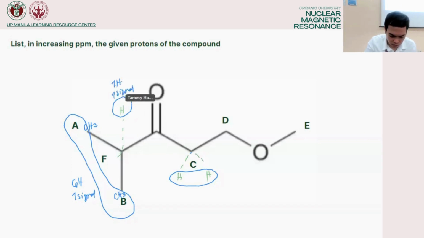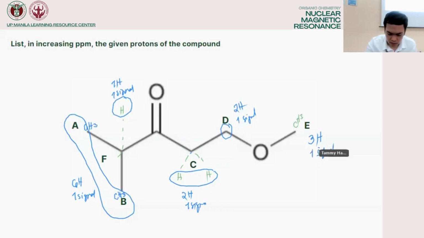O ito, 2 hydrogens and ilang signal? 1. Same goes with here. 2 hydrogens pero 1 signal. O dito, how many hydrogens, sa E? 3 hydrogens. Kasi meron kang CH3 dyan. Pero, ilan ang signal niyan? Isa lang.